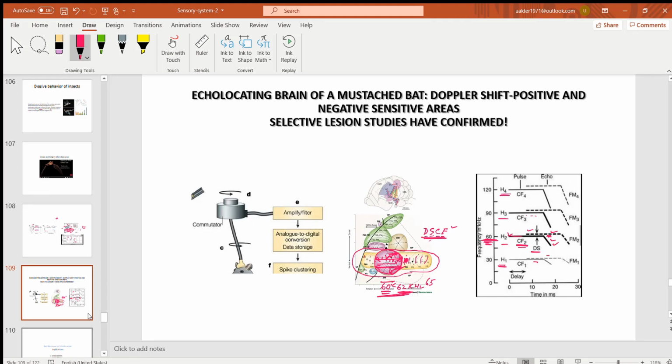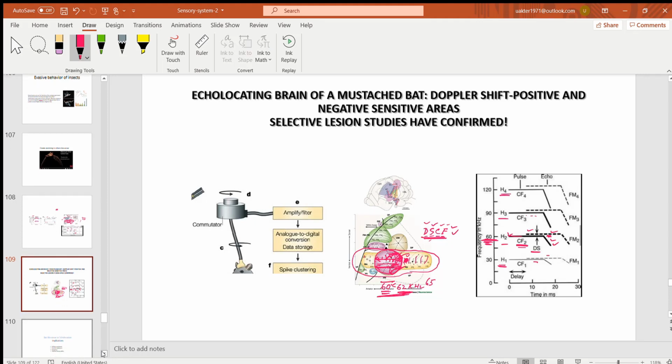The bat will now reduce the pulse frequency to make sure that the echo returns into that DSCF area, because the DSCF area has Doppler shift constant frequency neurons. They can detect the information from the echo.